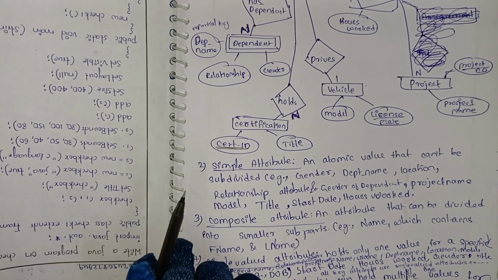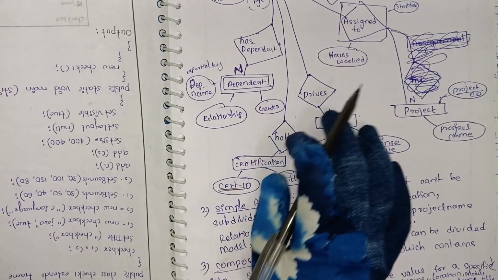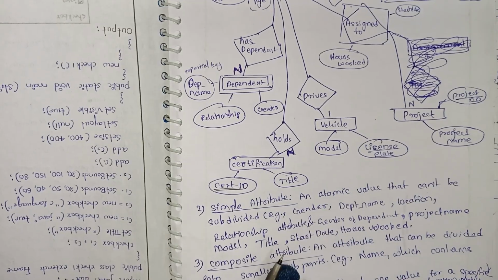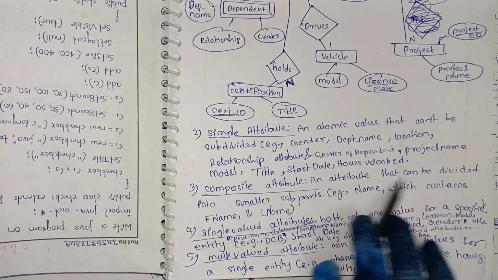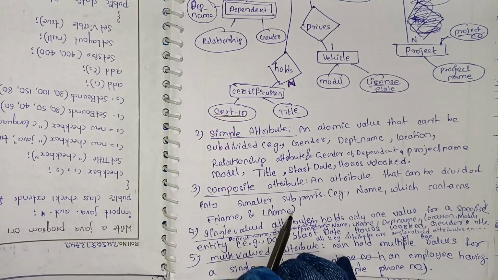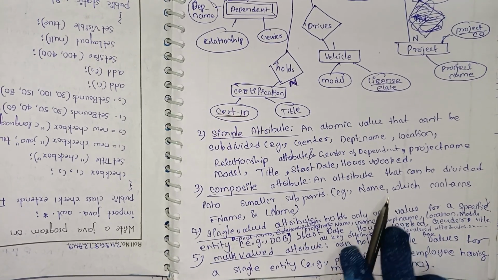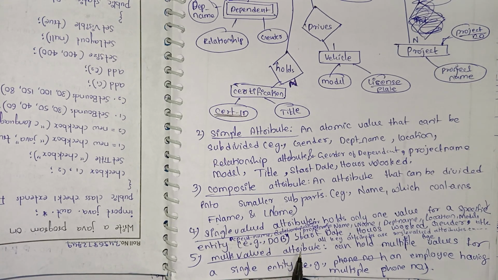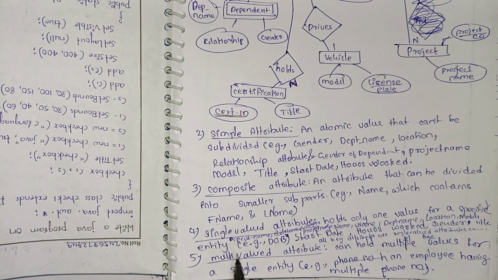So then simple attributes, an atomic value that can't be subdivided. Examples: gender, department name, location, relationship attribute, gender of dependent, project name, model, title, start date, hours worked. These are the attributes which are not subdivided in this ER diagram. And composite attributes, an attribute that can be divided into smaller subparts, like name which contains a first name and last name. And single valued attributes hold only one value for a specific entity.